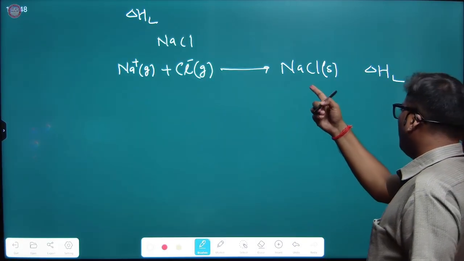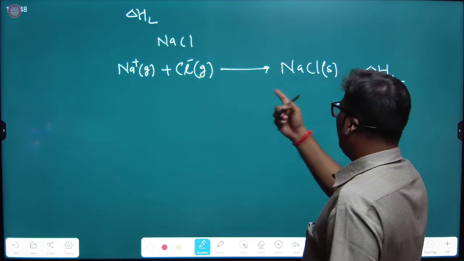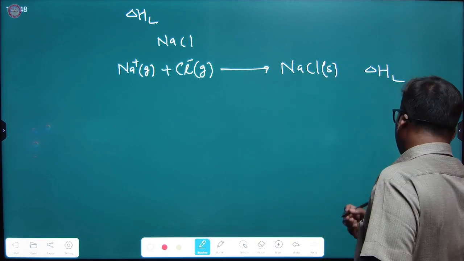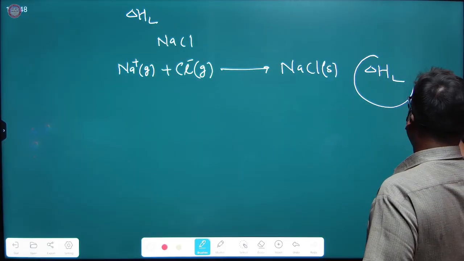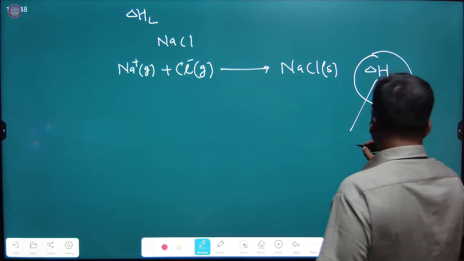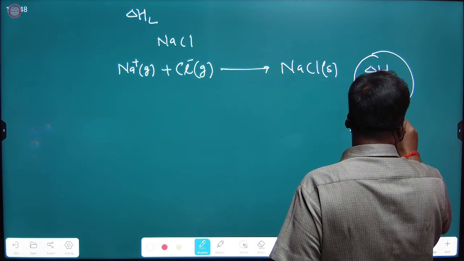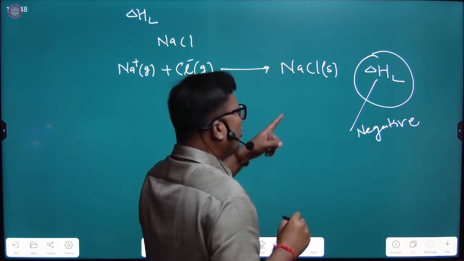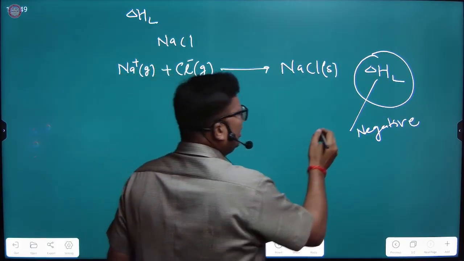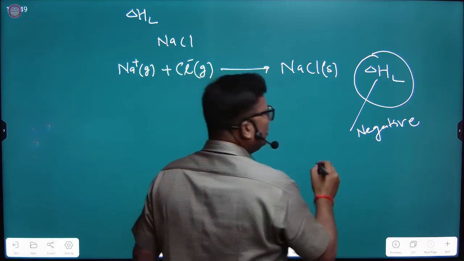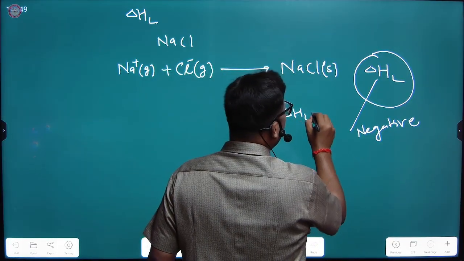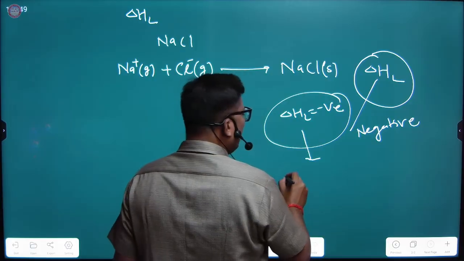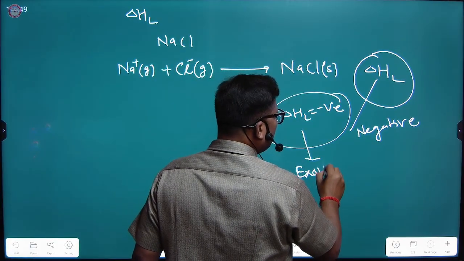This released energy is negative. It means if an ionic compound is formed, then energy is released, so delta HL is negative, right? So this indicates the reaction is exothermic.